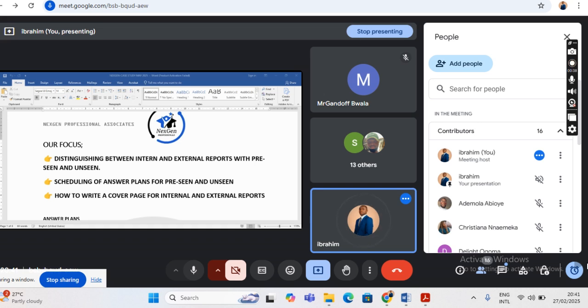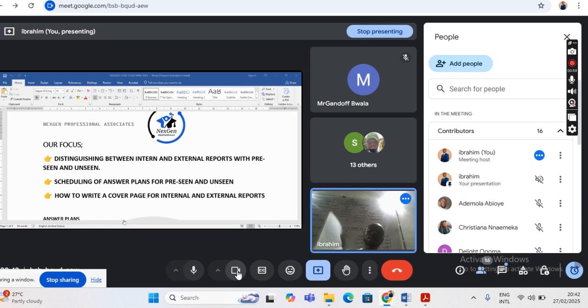And I said that when you want to do your answer plans, let me show you. Let's say this is your answer booklet, and we assume this is the front page.